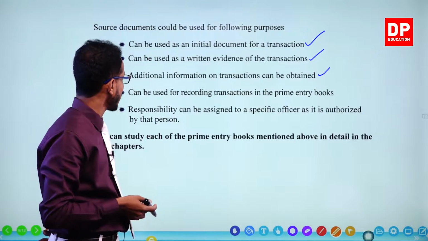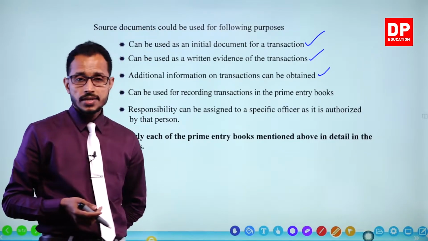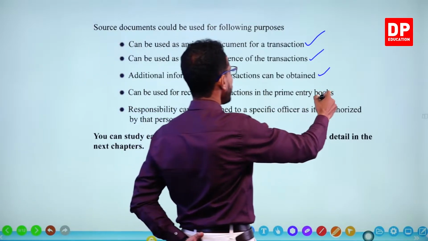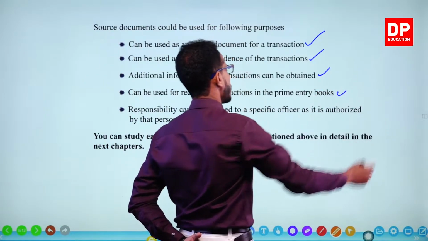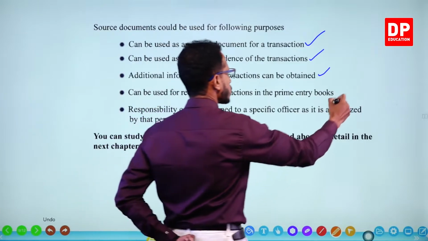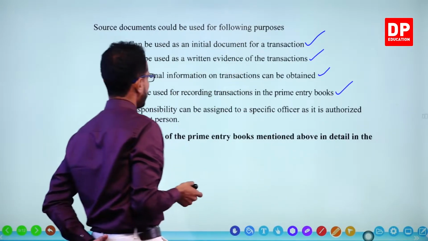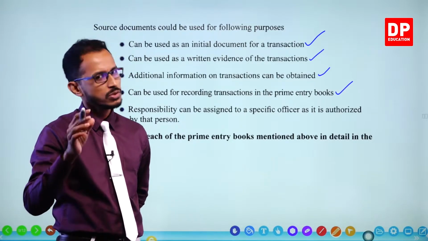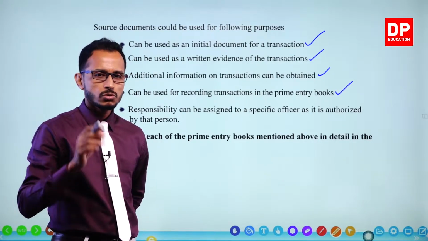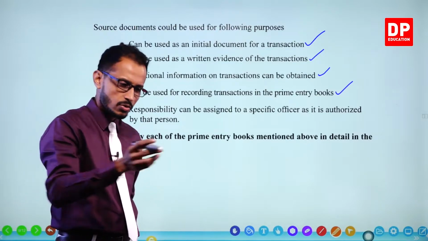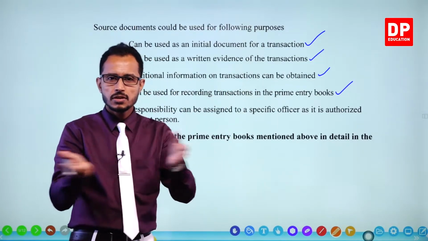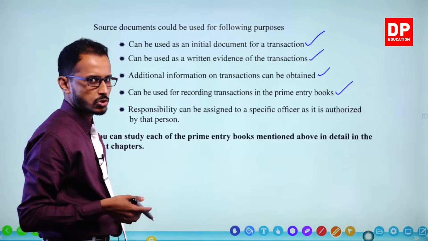Source documents can also be used for recording transactions in prime entry books. We know that. I told you that the source documents are used to record transactions in different prime entry books.